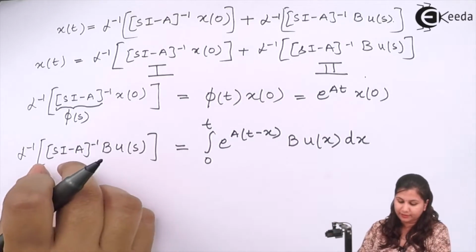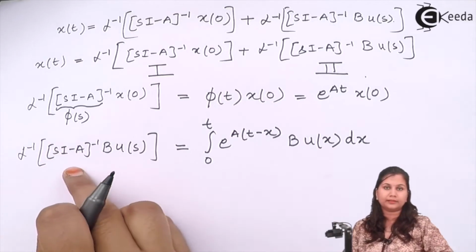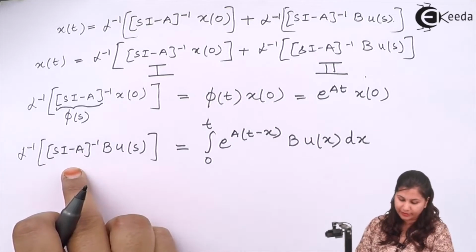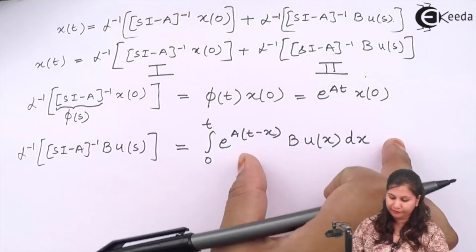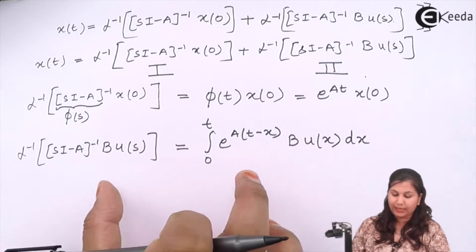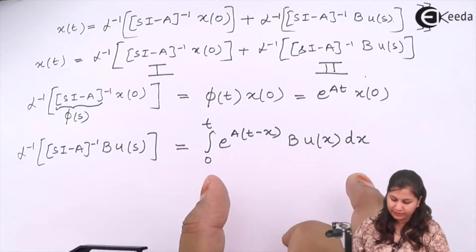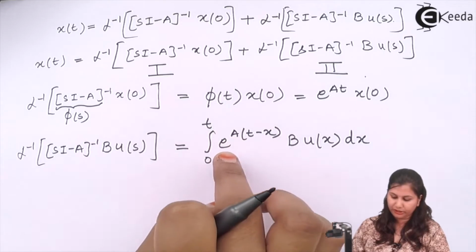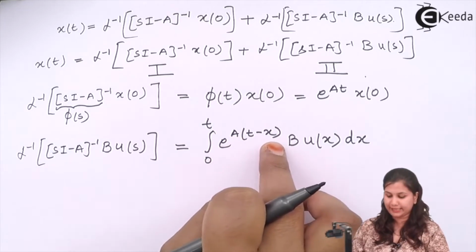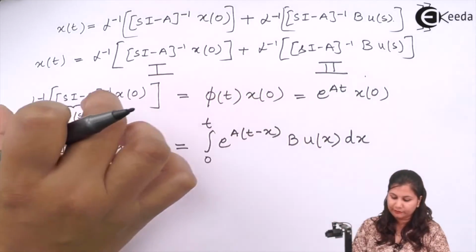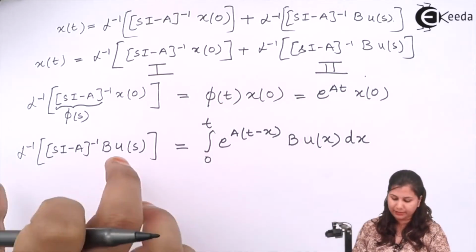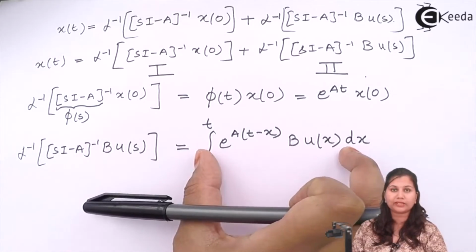This is again the state transition matrix, and then it is multiplied with BU(s). So if we write it in the time domain form, it will be integral from 0 to t of e raised to the power A(t minus tau) B u(tau) d tau. So this is the inverse Laplace transform of the first part, and this is the inverse Laplace transform of the second part.